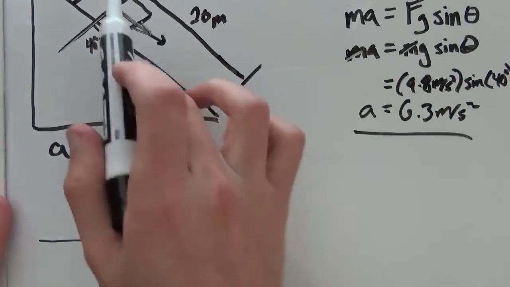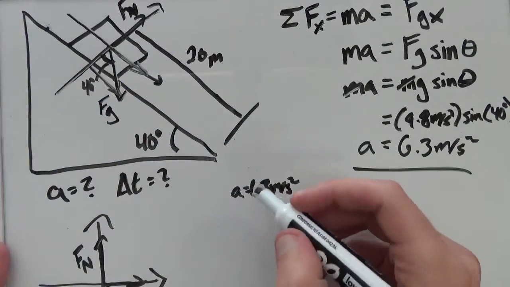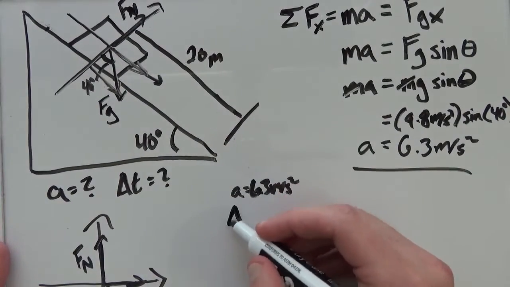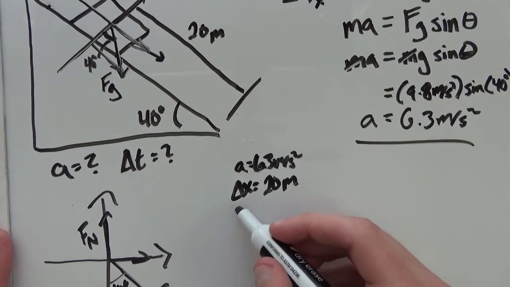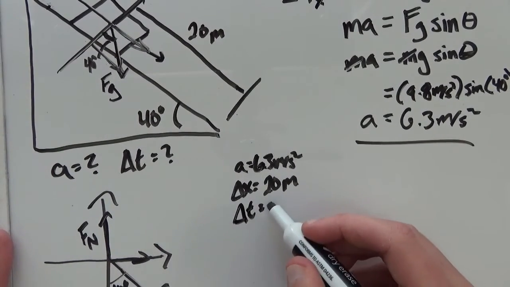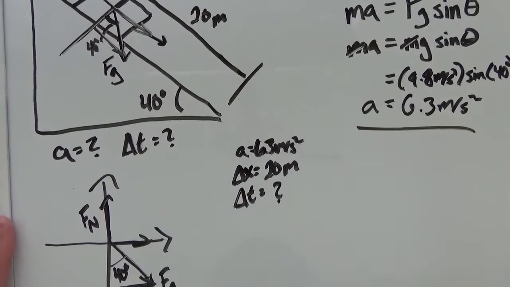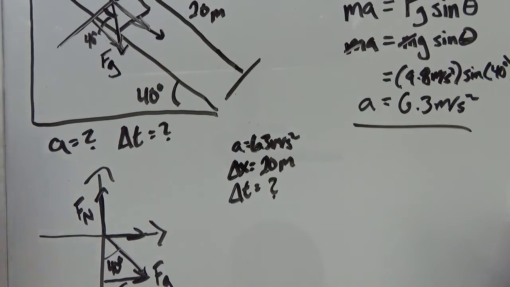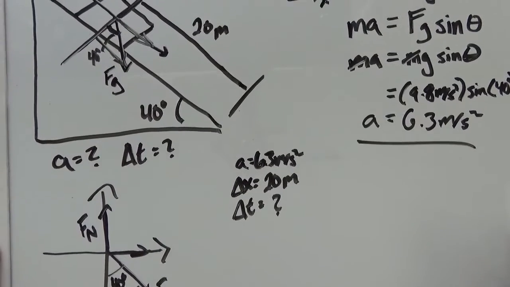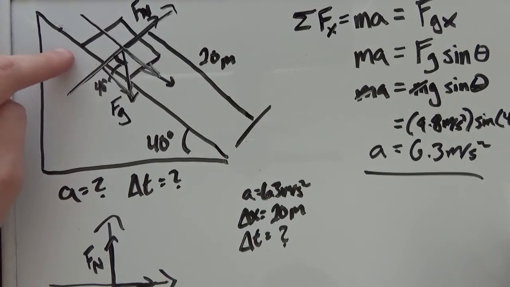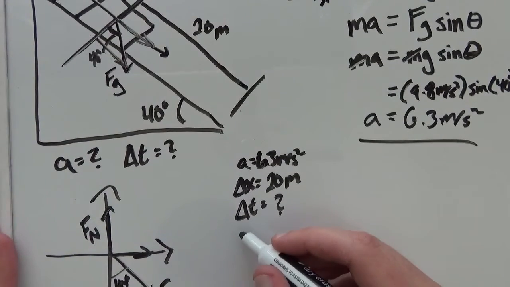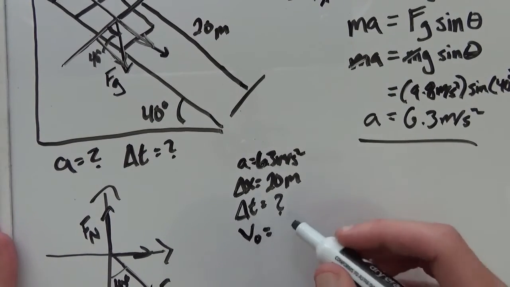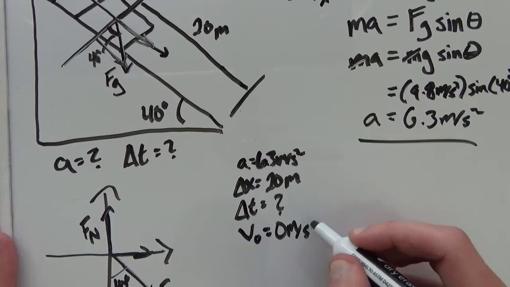We also have the distance that it slides down, delta x, which is 20 meters. We're looking for time. And last but not least, the problem statement says that if it doesn't give you any information, you're assuming the box is released from rest. So in this case, v0, our initial velocity, is 0 meters per second.